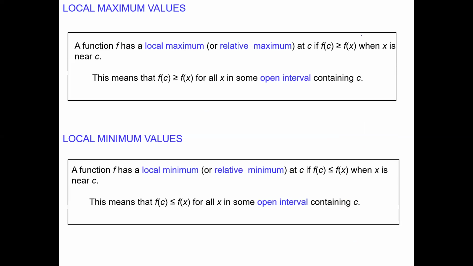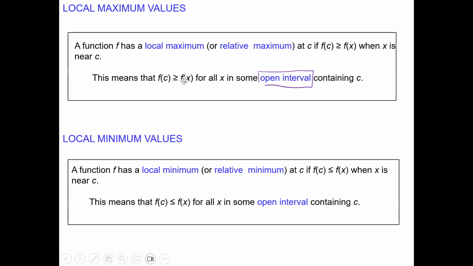Now, locally, we have to be a little bit careful. Function f has a local maximum, or sometimes we call it a relative maximum, at c if f of c is greater than f of x when x is near c. Mathematically, c is placed in an open interval, which means we have to check the values of x on the left and on the right-hand side. c must be placed in the interval, and then we can check the other values.